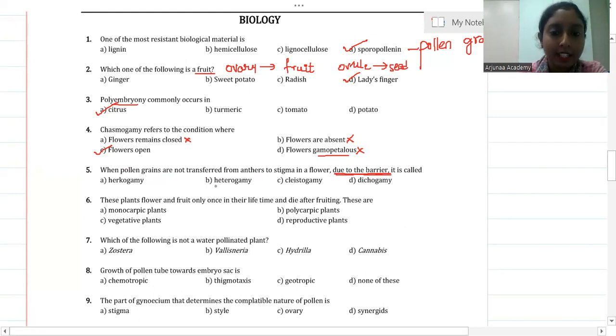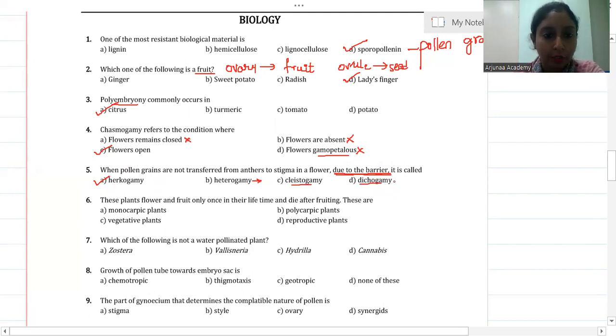This condition we call hercogamy. Heterogamy means there is formation of male and female gametes which are dissimilar. Cleistogamy, the flowers which are closed. Dichogamy, there is no synchronization in pollen release and stigma receptivity.